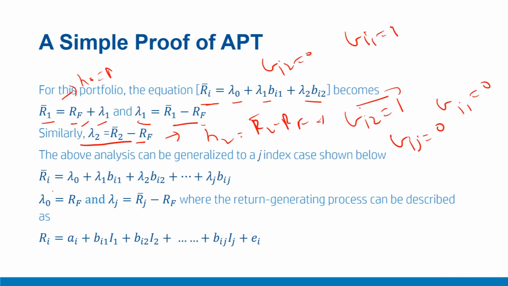For example, the equilibrium model for a J-index case can be written as this: Ri bar equal to lambda naught plus lambda 1 bi1 so on up till lambda j bij. Here, if we keep assuming that lambda naught equal to Rf and lambda j equal to Rj bar minus Rf, where the return generating process is given by this equation, we can define APT very simply by this equation.